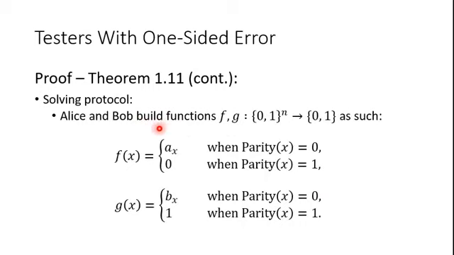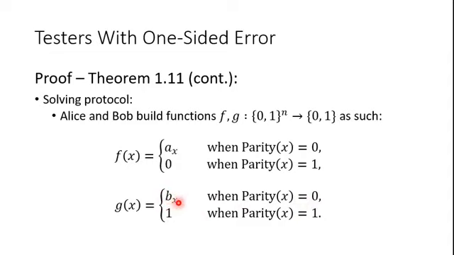So Alice and Bob will build the following functions, f and g, from {0,1}^n to {0,1} as follows. So f of x equals a of x when the parity of x equals 0. Remember that in this case x gives us a specific index to look at, so we get the value at that index, and 0 when parity x equals 1. And Bob does something slightly different. In the case when parity x equals 0, we get b of x.